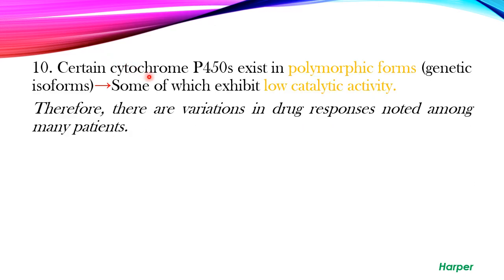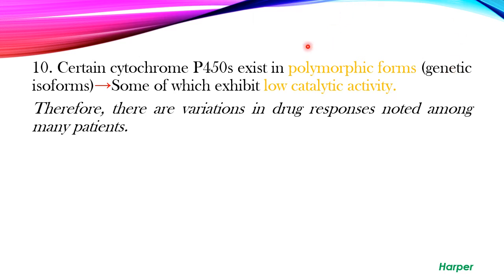The last point regarding cytochrome P450s is the effect of polymorphism on the activity of cytochrome P450s. There are some cytochrome P450s that have been noted to exist in their polymorphic forms. Polymorphic forms are basically genetically altered forms.